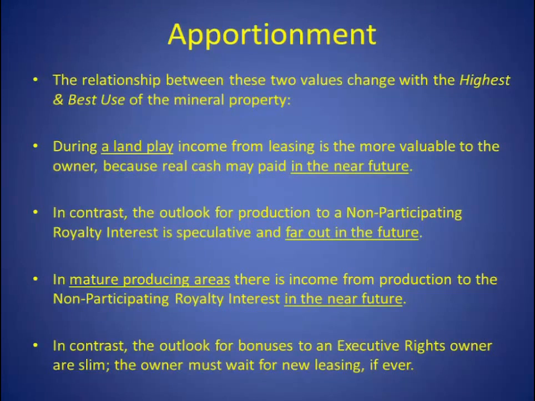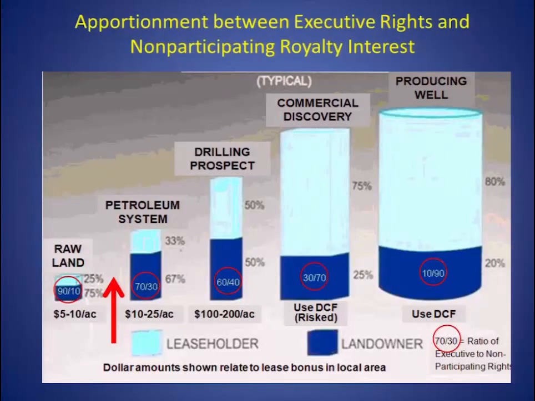So therefore, during that period, the landowners, the mineral rights, the executive rights have a higher value at that early stage than the other. And we can go on like that. And we then end up seeing that in the early stages here, it's kind of a 90-10 relationship on behalf of the executive rights over the NPRI.